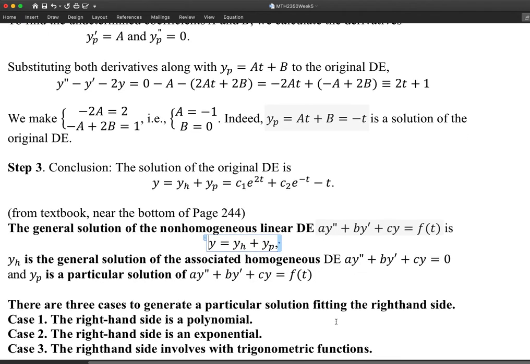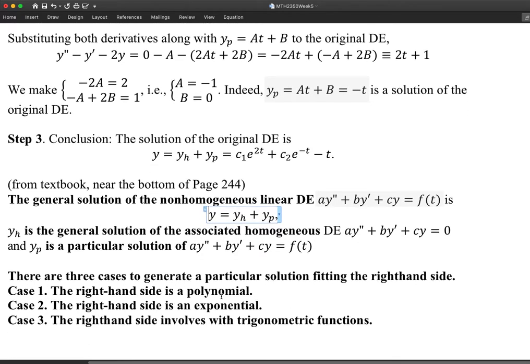So for now, I just want you to know there are 3 cases for the right-hand side we need to consider. Okay, the first case: when the right-hand side is a polynomial, then the particular solution is assumed to be a polynomial of the same degree.